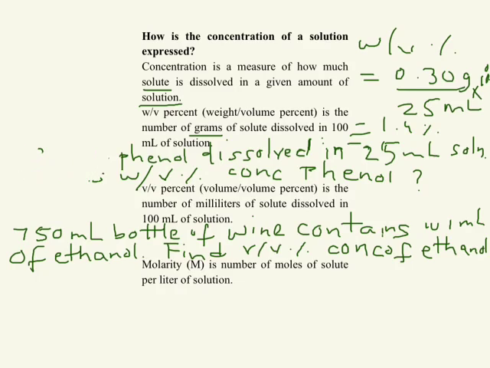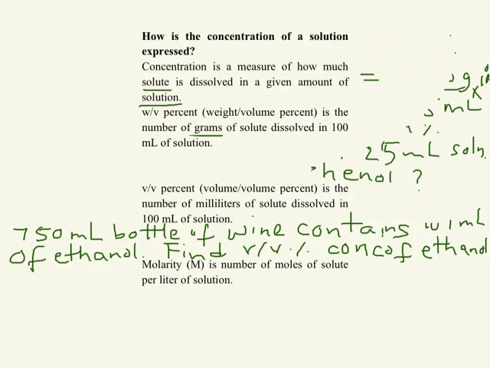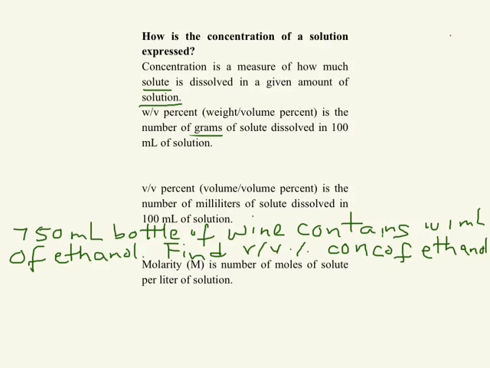Similarly, let's look at the second one. The second one is volume by volume, which means we have a solute that is a liquid, and your solvent is liquid too. Volume by volume percent is the number of milliliters of solute dissolved in 100 ml of solution. So let's look at this problem.